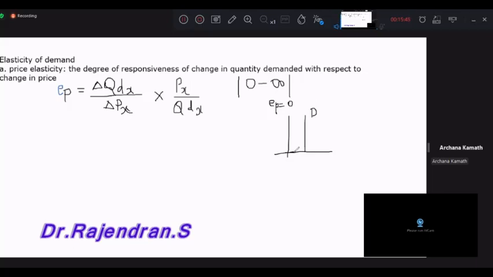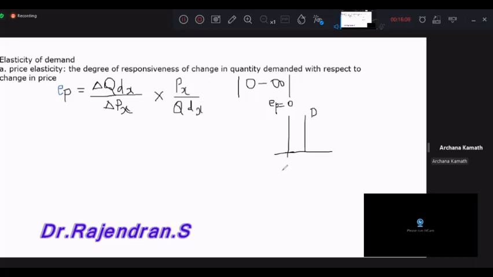As a result, your numerator remains 0, and 0 divided by any particular number is going to give you 0 as your answer. So the demand curve is a vertical straight line for all those commodities whose change in quantity is going to remain the same. You're going to purchase a fixed quantity.